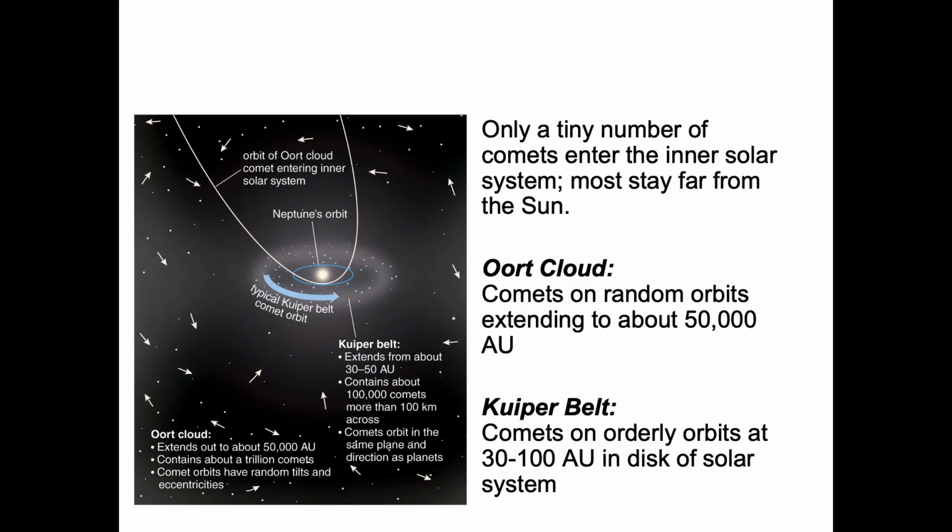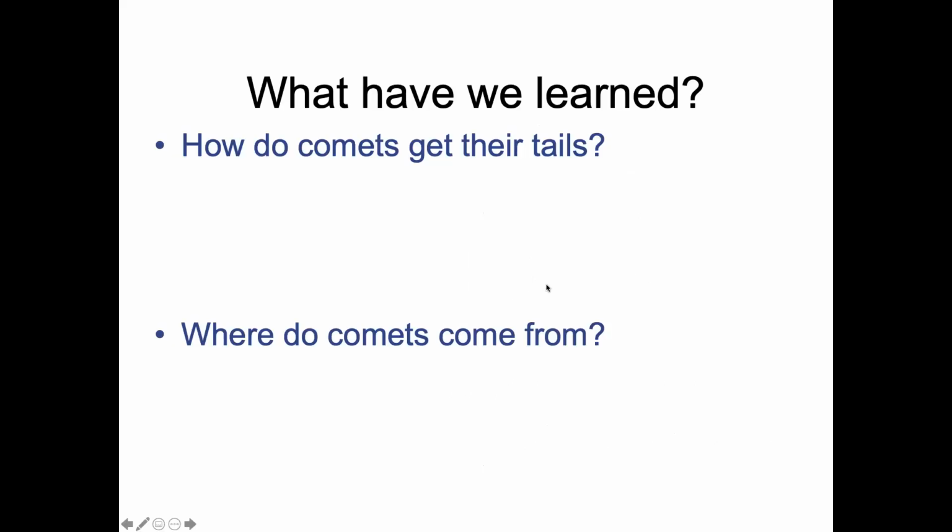In the Kuiper Belt, we're more on the order of 30 to 100 AU. But even then, very, very few of the comets actually make their way to the inner solar system. All right, so I'm going to take a moment to pause here and summarize.